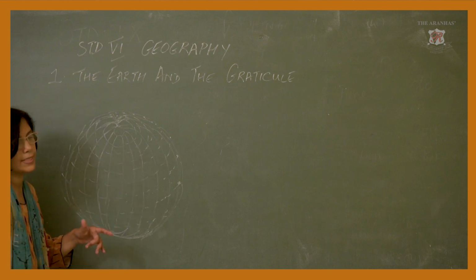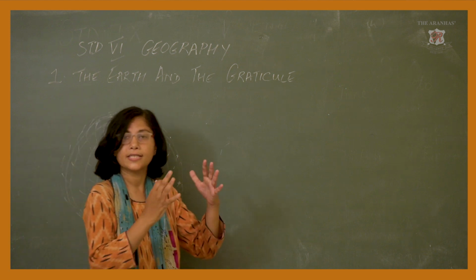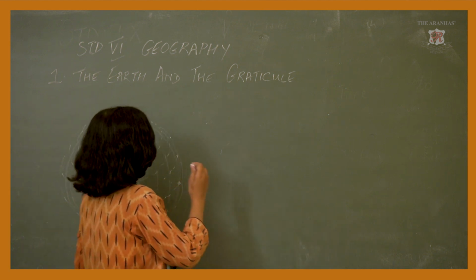So, this intersection, this net, is called a graticule.